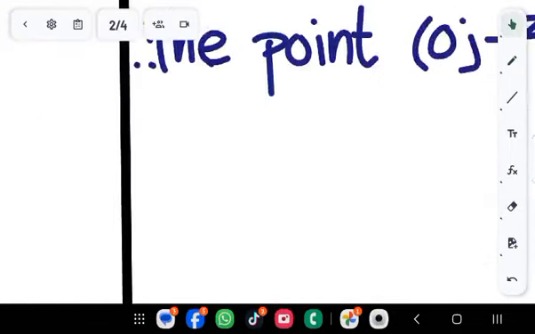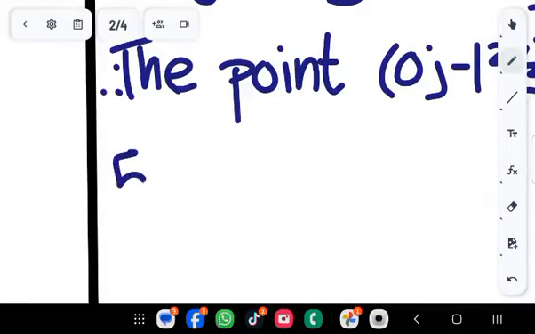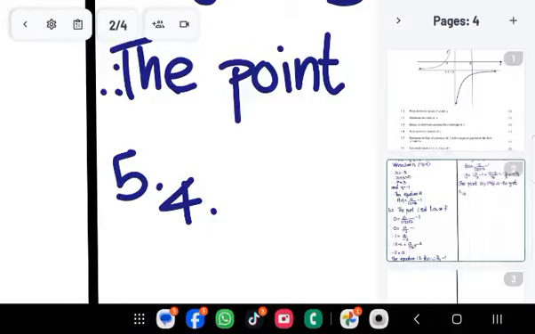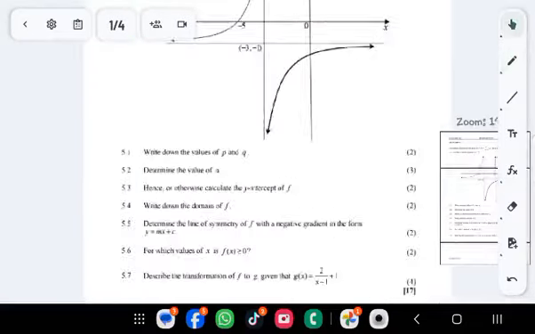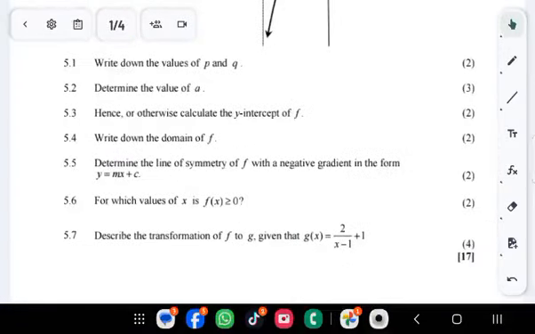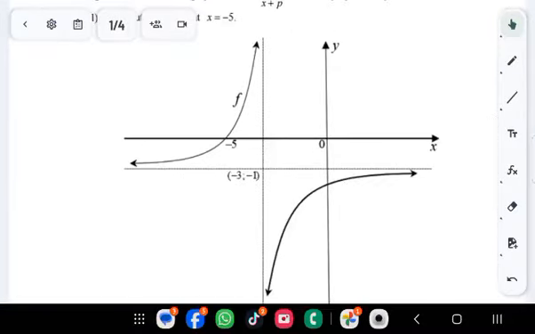All right, 5.4: write down the domain of f. The domain is any value of x that is valid in the equation. That's what the domain is.